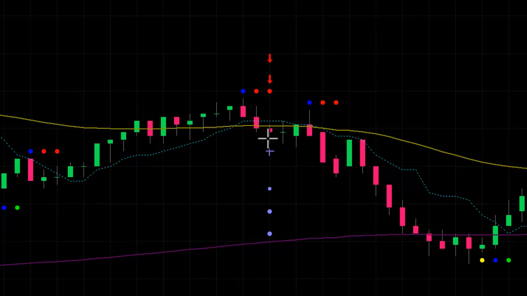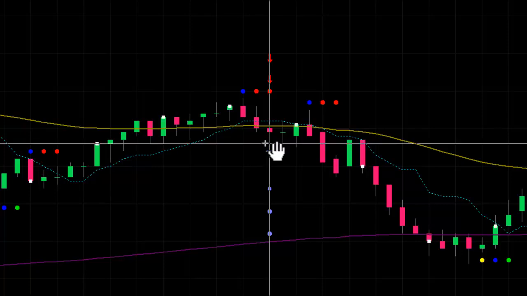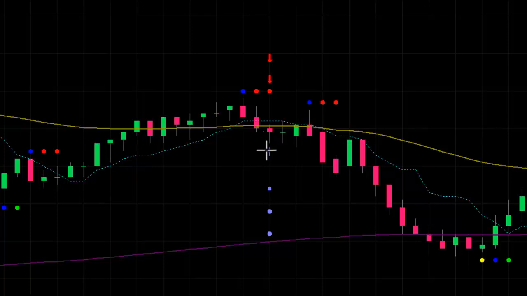So the typical entry for day trades is going to be 2 ticks below the setup bar. So see how this little plus sign is 2 ticks below the low of that bar? We need the price to push past the low of the setup bar to hit the entry. That's the last piece of confirmation.